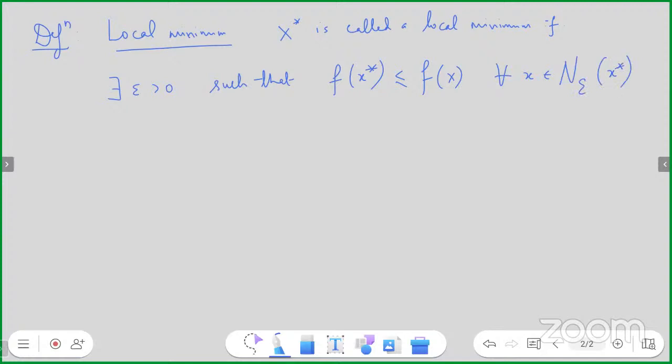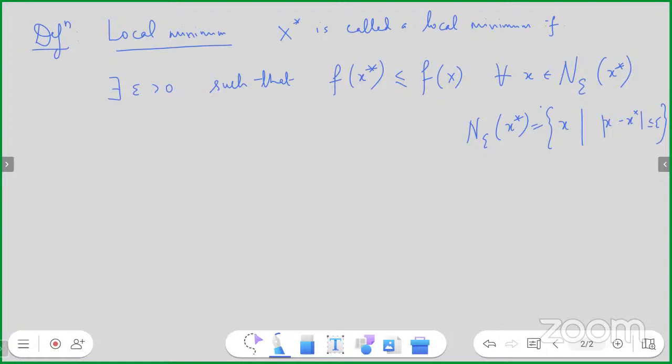So what is an epsilon neighborhood? I want to define it. The epsilon neighborhood of x star is all x such that the norm of x minus x star is less than epsilon. So that's the local minimum.